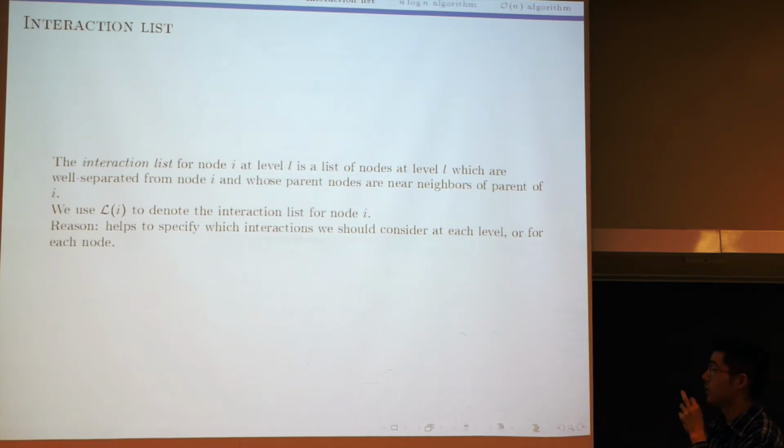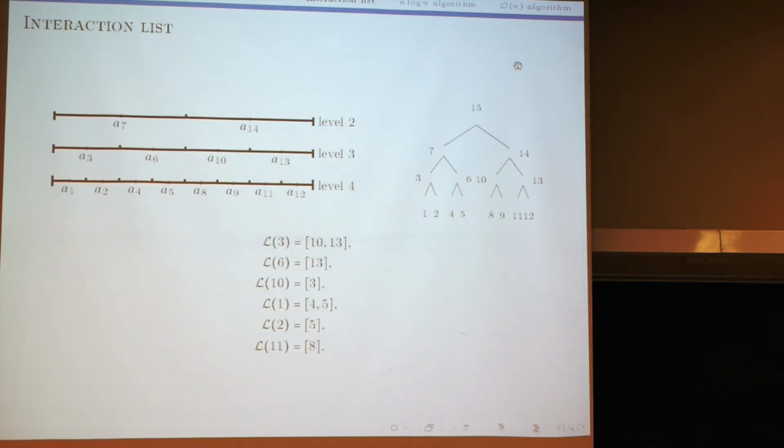For node I, the interaction list consists of nodes that are well separated from I, and whose parents are near neighbors of the parent of I. Since the nodes in the list are well separated from I, we can use the factorization before to compute the interactions between them. Here are some examples of interaction lists.